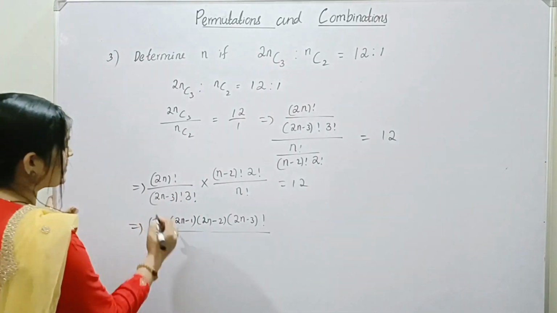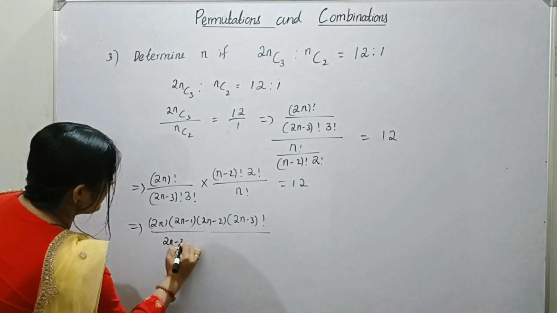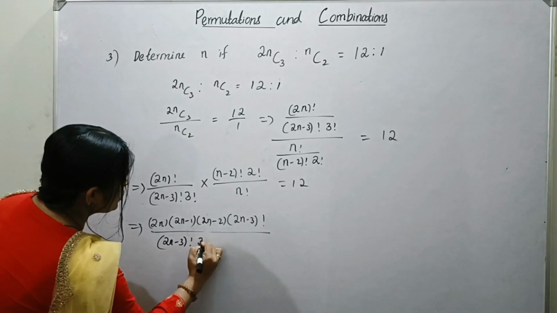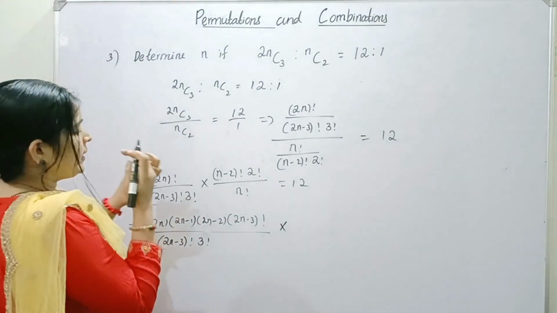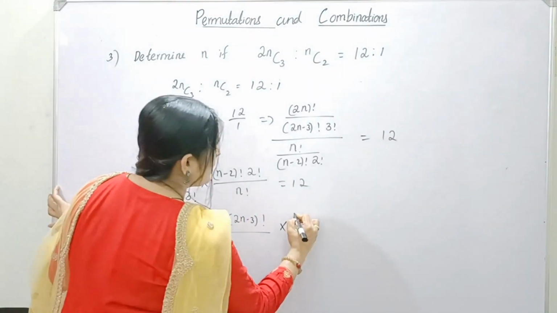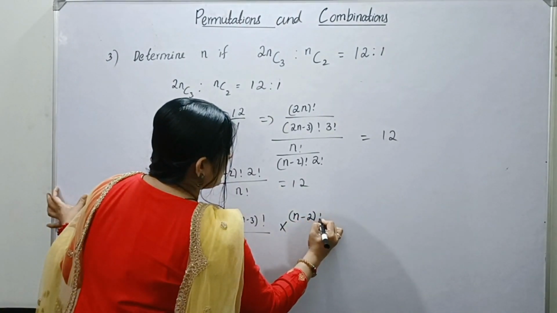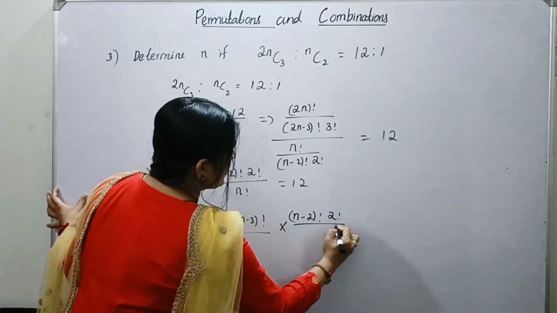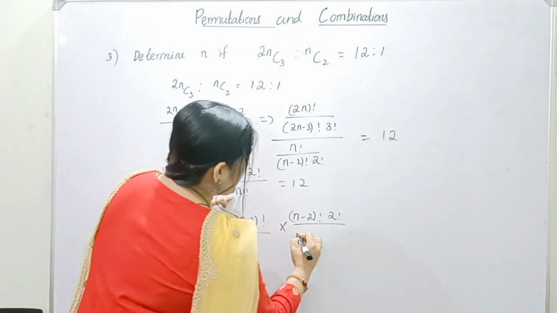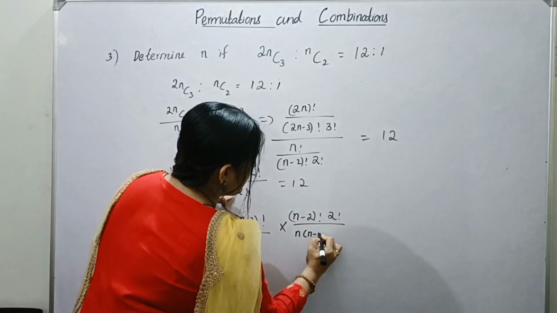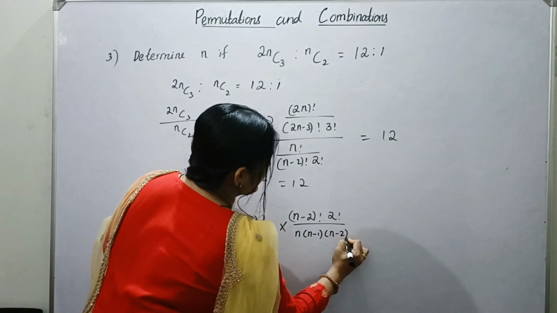Next, in the denominator we have (2n minus 3) factorial into 3 factorial into (n minus 2) factorial into 2 factorial, divided by n factorial. n factorial can be written as n into n minus 1 into (n minus 2) factorial.